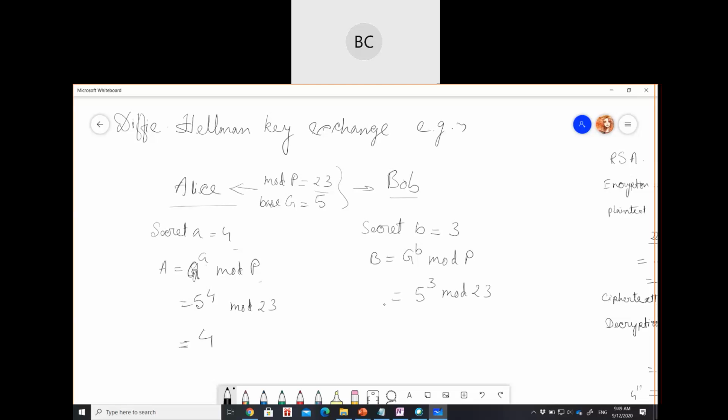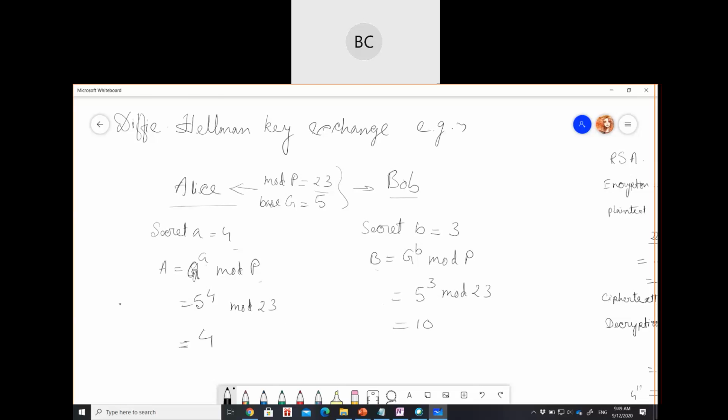After this equation, the answer is 10. So this is the key created with the help of P and G and their own secret keys.